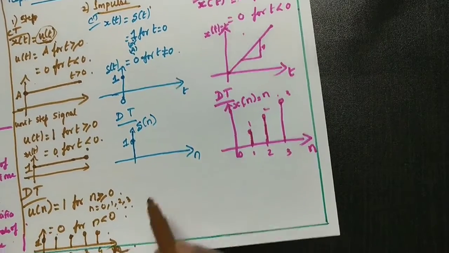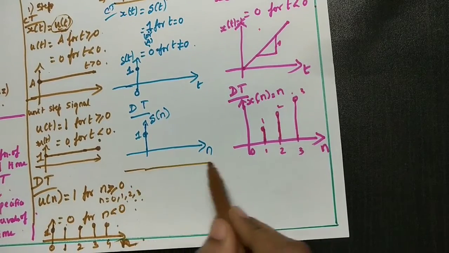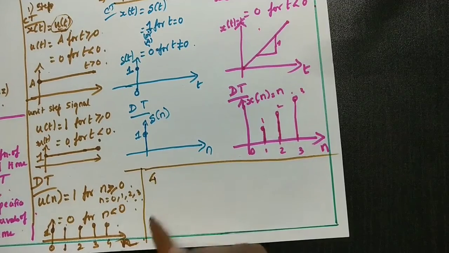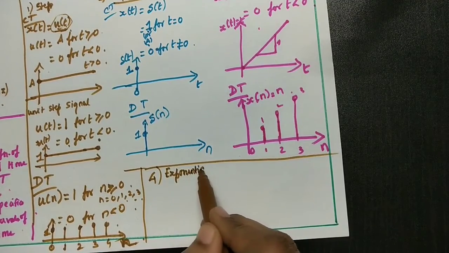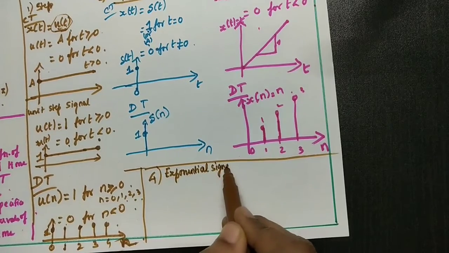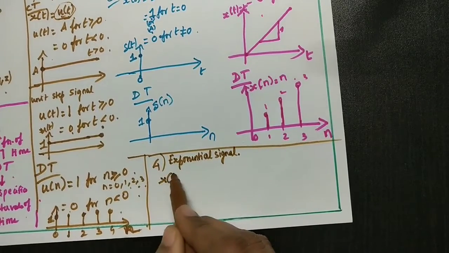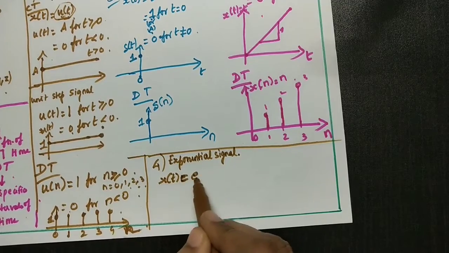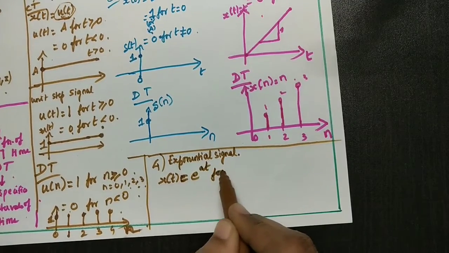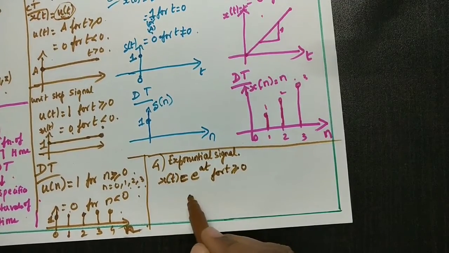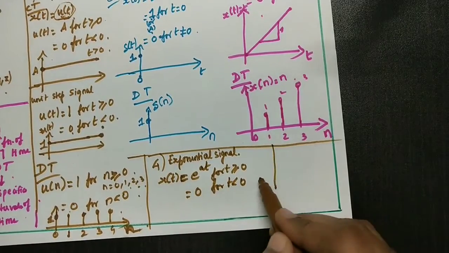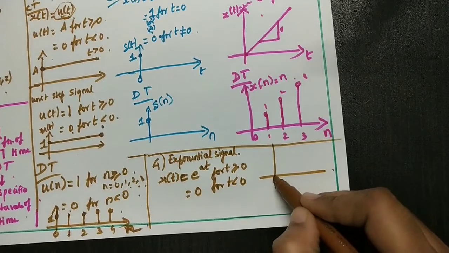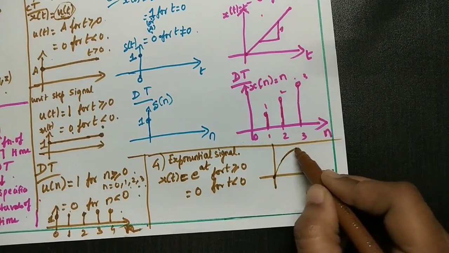The fourth one is the exponential signal. The exponential signal can be represented as x of t equal to e power at for t greater than or equal to 0 and equal to 0 for t less than 0. This is an increasing exponential.